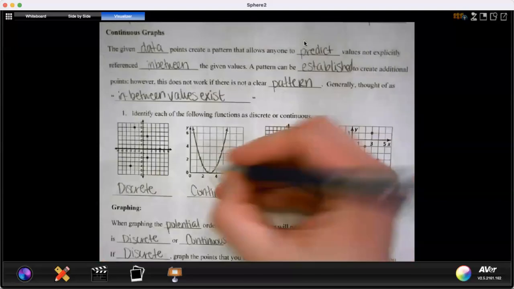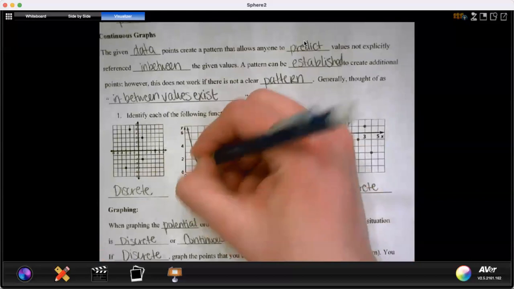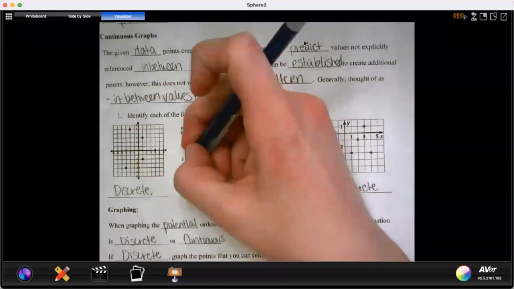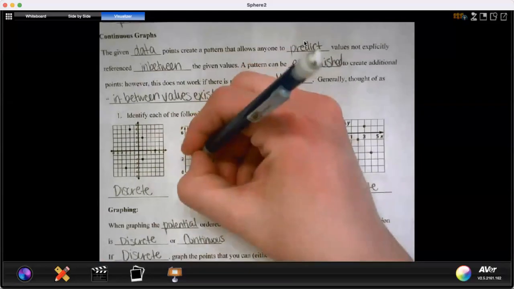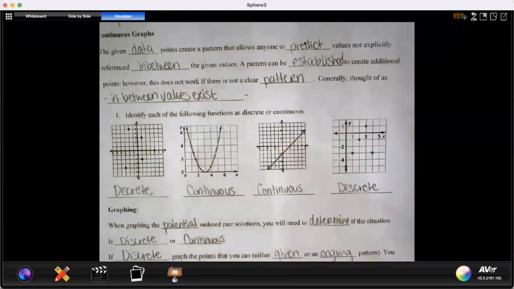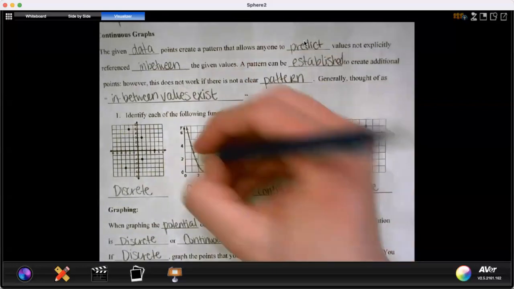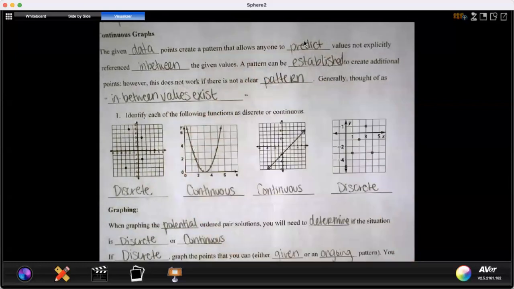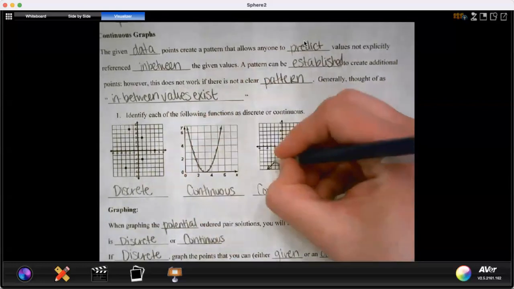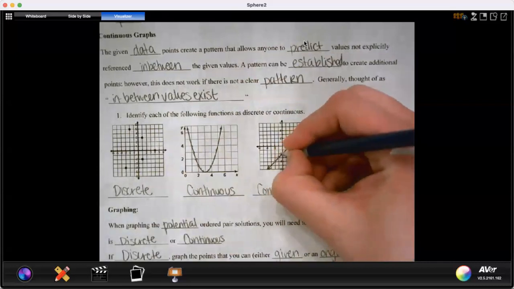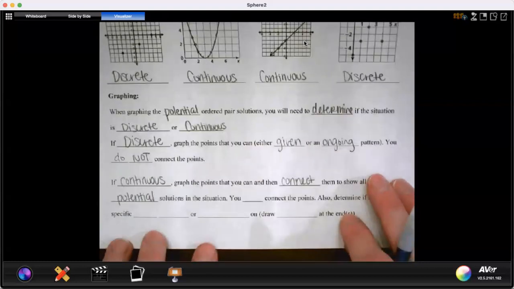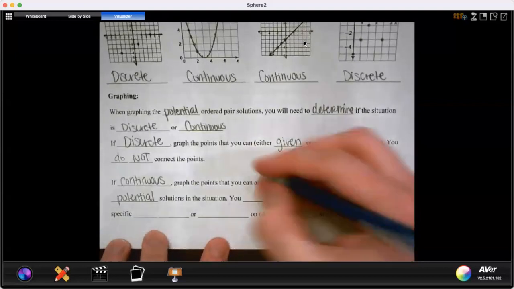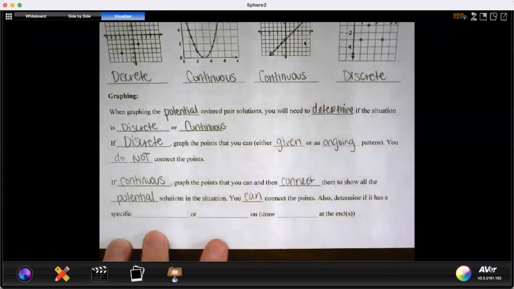So although there are distinct points along the line, there's also little points in between every situation. Okay, similar to this one, there's distinct points, but there's also points in between. Okay. So therefore, obviously, you can connect the points.